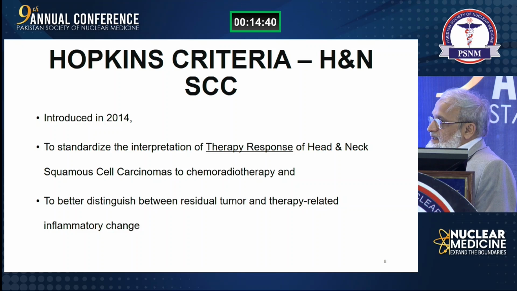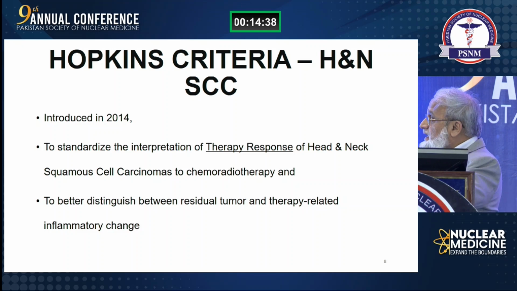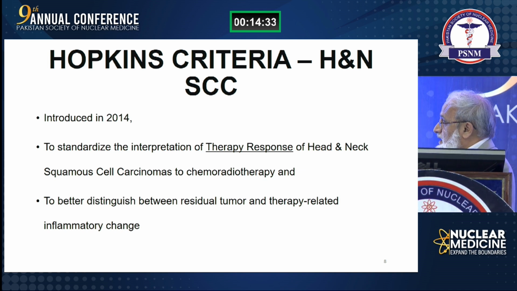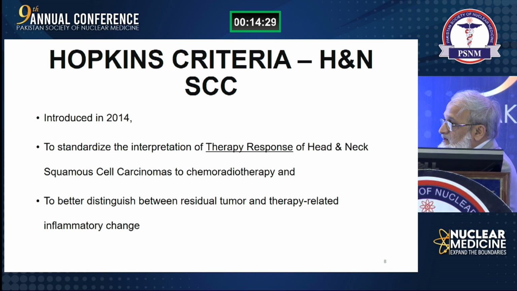Hopkins criteria, basically, is a criteria in which head and neck cancers, squamous cell carcinoma, are evaluated for whether the disease is present or not. Because usually these patients are treated with radiotherapy, the remaining inflammation and the remaining disease have to be differentiated with the help of FDG PET, and therapy response is important for the oncology people.